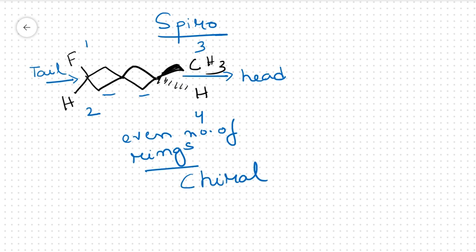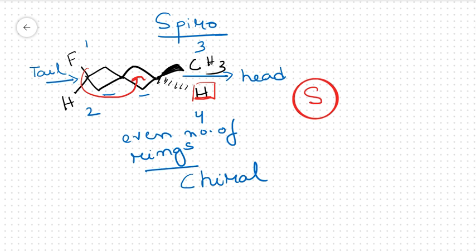Okay. So we will take this thing. So how does it move? 1, 2 and 3. So it moves in the S direction. So the configuration will be S since the lowest priority group is in the rear part. So we will get the configuration as S like those.